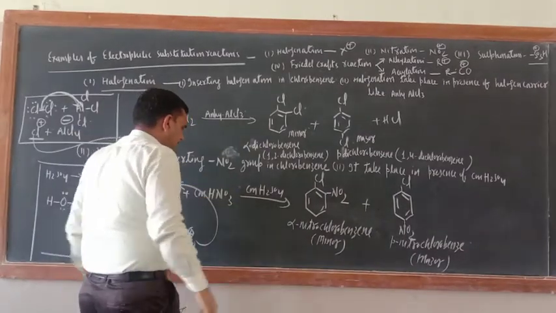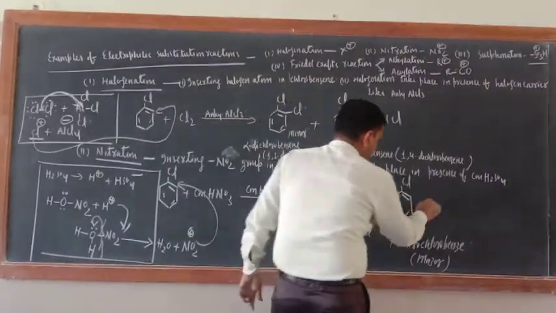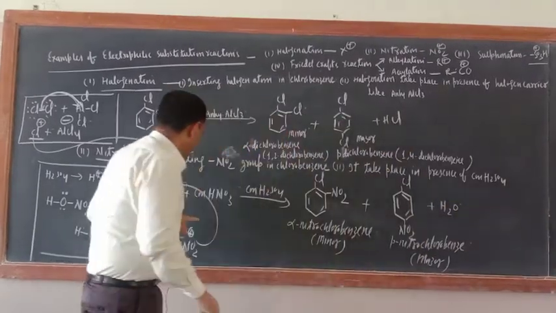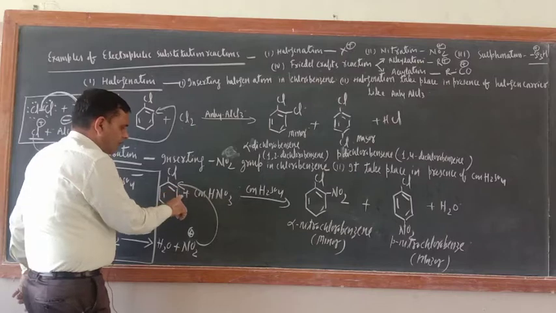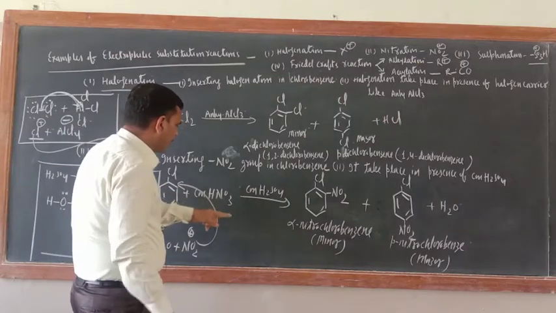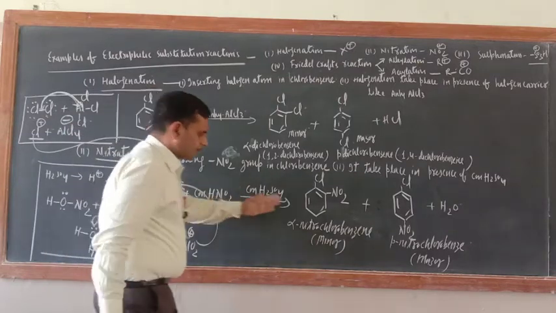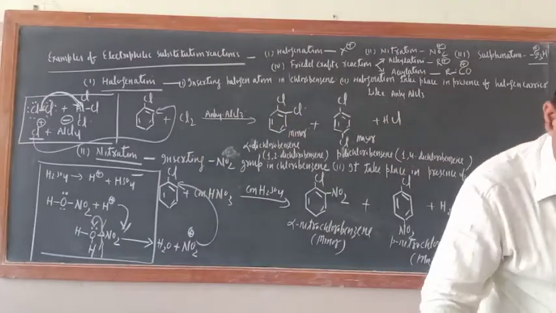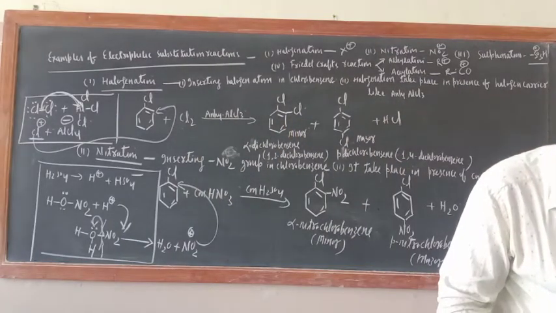In the nitration case, plus H2O, because when NO2 attaches here, one H will come out, so NO2 plus H gives H2O. This is major, this is minor. Next one is sulfonation.